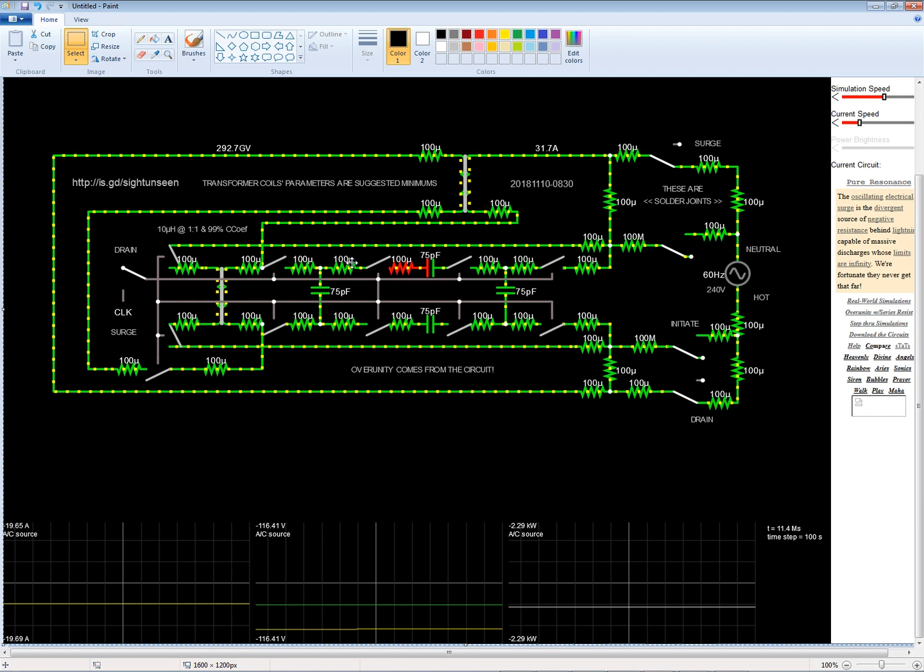And once it builds up, it's regulated by this clock timer that's running at 360 cycles per second at 1% duty cycle, in order to close these switches only 1% of the time. 360 cycles per second is a third of a 60 hertz cycle.